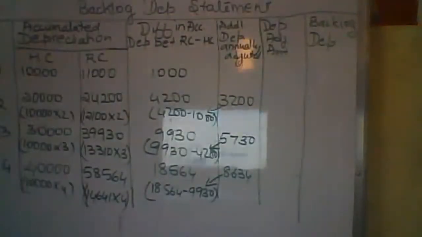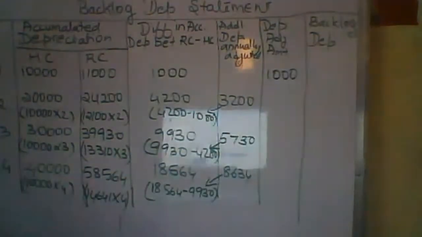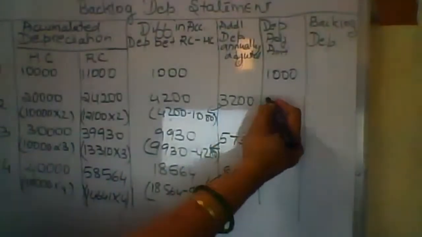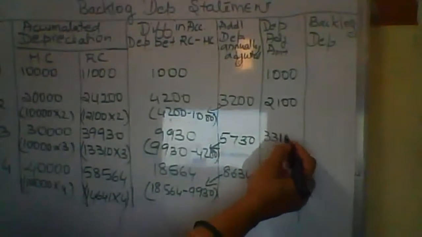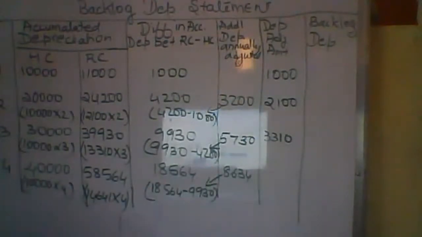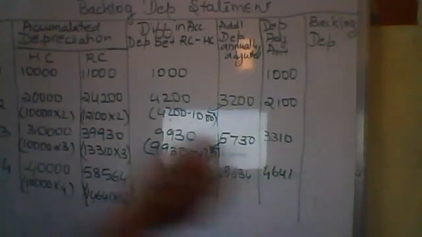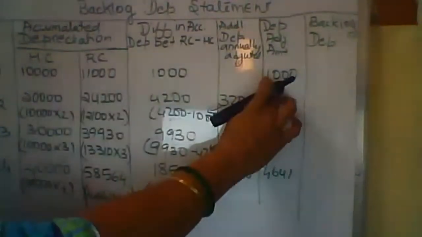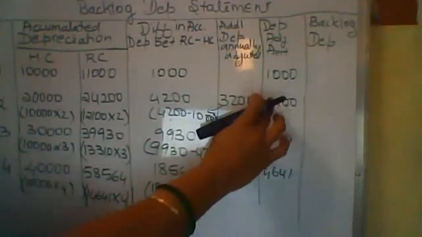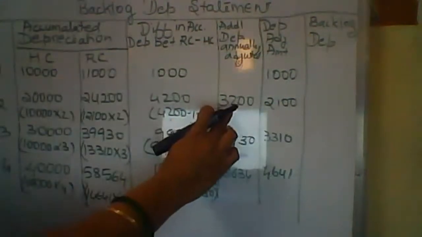It means this much amount I already adjusted, right? 1,000 is adjusted, then 2,100 is adjusted, 3,310 is already adjusted, then 4,641 is already adjusted. Now what happened? 1,000 is adjusted, 2,100 is already adjusted. But how much should you be adjusting?